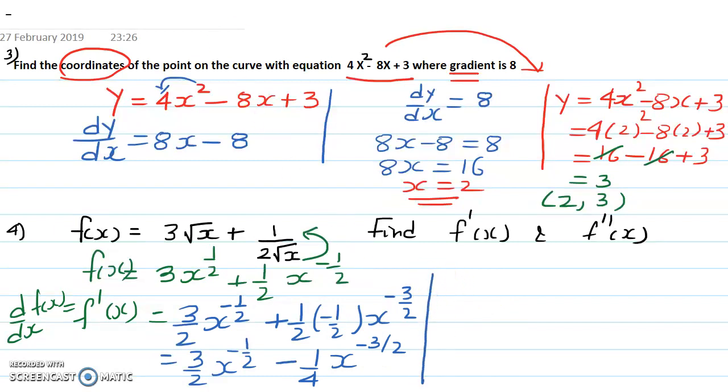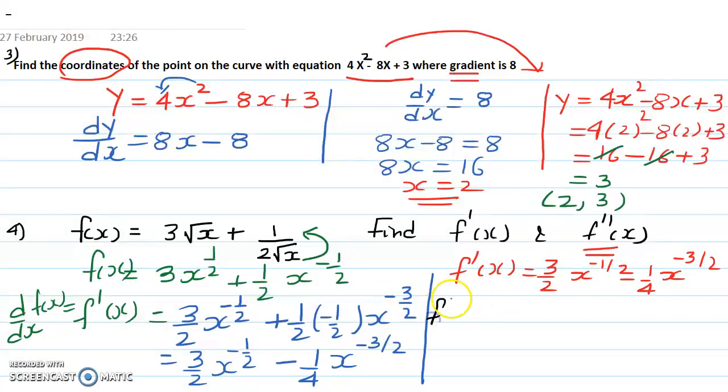Now they are asking you to calculate f double dash x, meaning the second derivative. This is your equation. Let's write down f dash x. We got 3 over 2 x to the power minus half minus 1 over 4 and x to the power minus 3 over 2. So we are going to differentiate it again. We put one extra dash, f double dash x means differentiation of f dash x again.